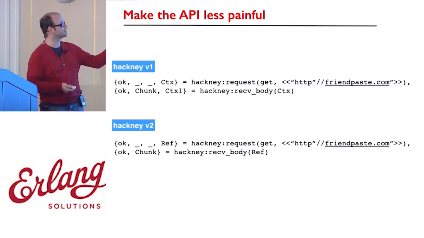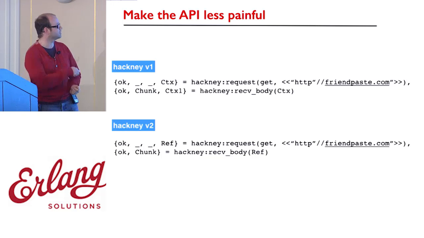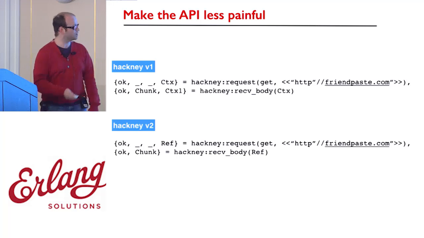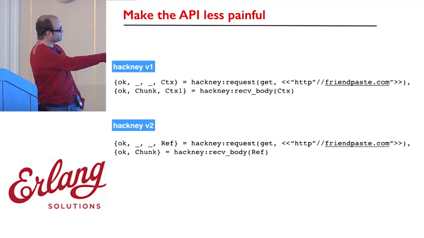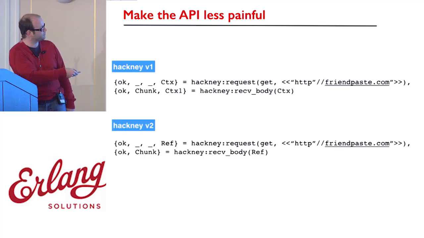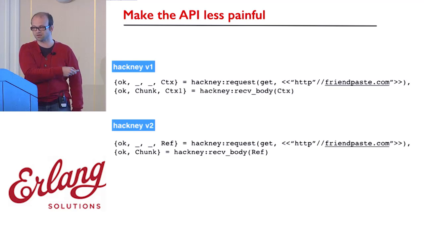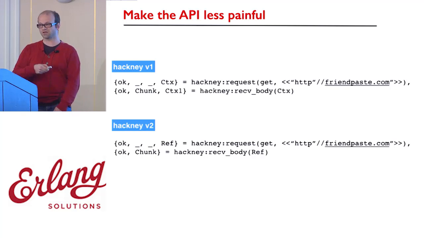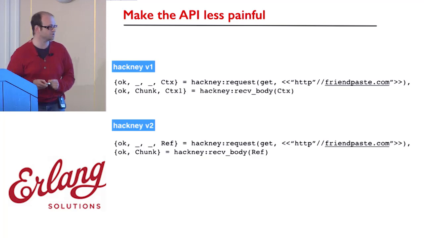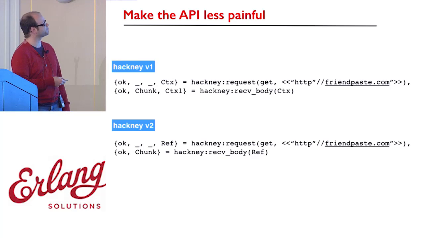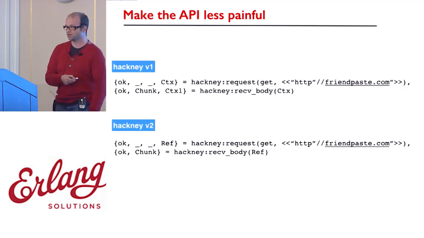Keep the same system that you have in Hackney version 1, but I still needed to remove that context. So I put in a ref, and this reference is one unique reference ID for each request that is done, and instead of storing the socket in the process and speaking with the process using message passing, I'm storing the state, the buffer, and the little headers I need in ETS.